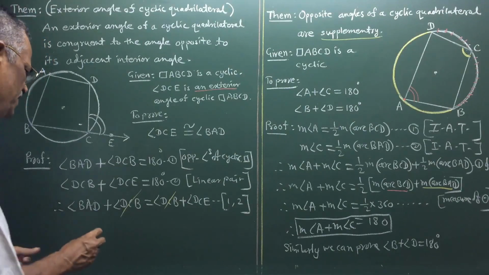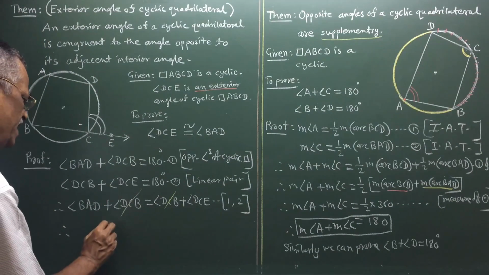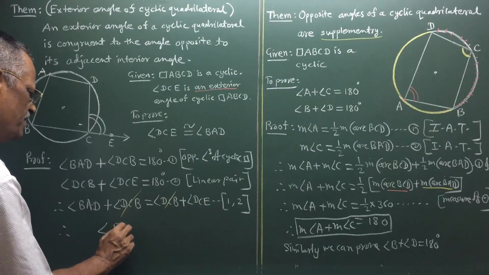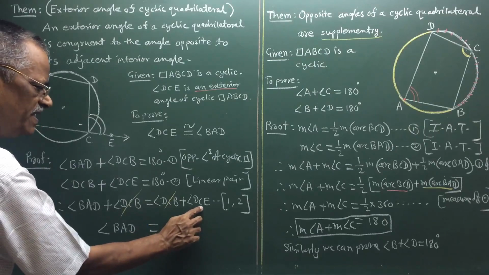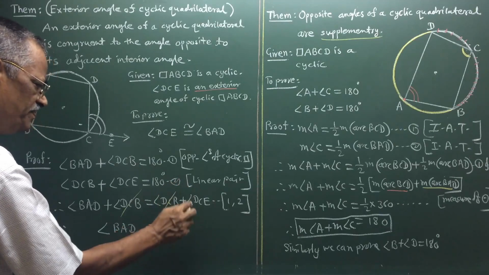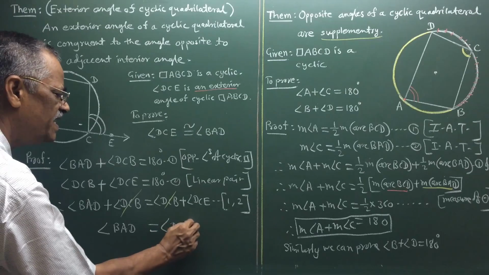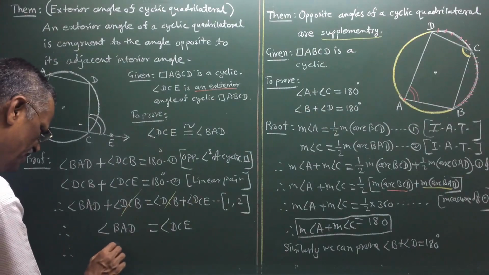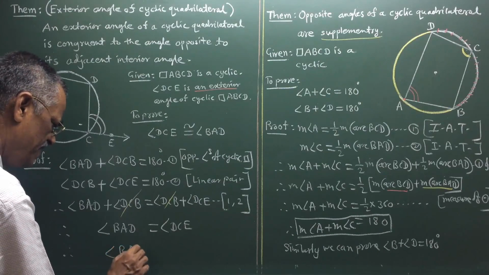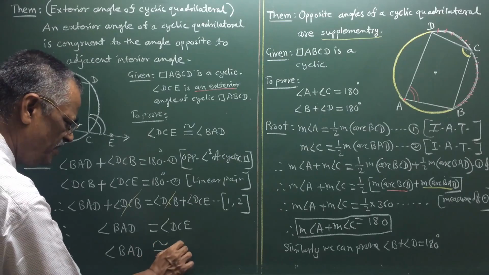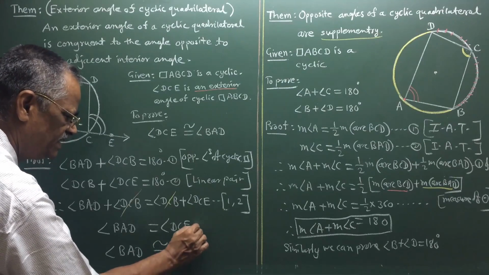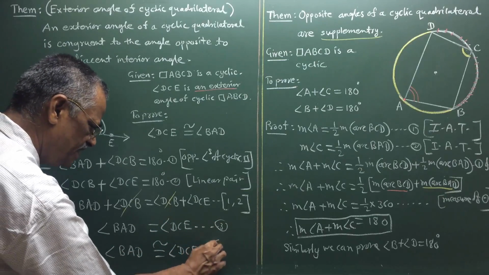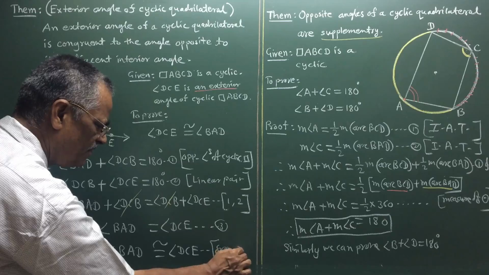So what are we finding here? Angle BAD is equal to angle DCE. And when the measures are equal, definitely we can write angle BAD is congruent with angle DCE.